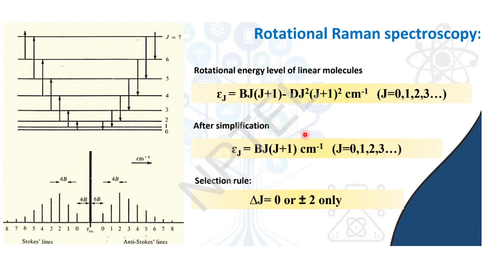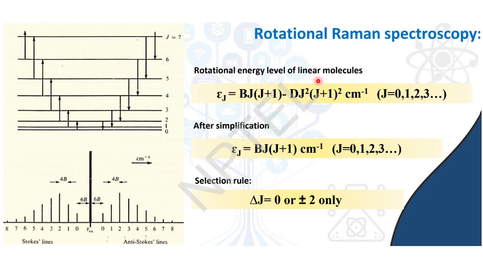And here it is showing the rotational Raman spectroscopy. We already discussed during FTIR that there are vibrational degrees of freedom, rotational degrees of freedom, and translational degrees of freedom. Now, in case of rotation, there are different energy states.